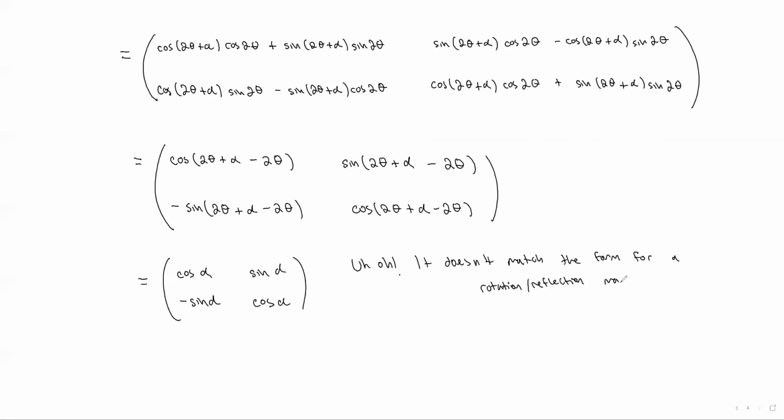So right now it doesn't seem to match the form, but actually if you just use negative alpha instead, it does. So it does match the form, but I just wrote it in a bad way. If I write it like this now instead, then this is the matrix for R negative alpha. So never mind, it does.